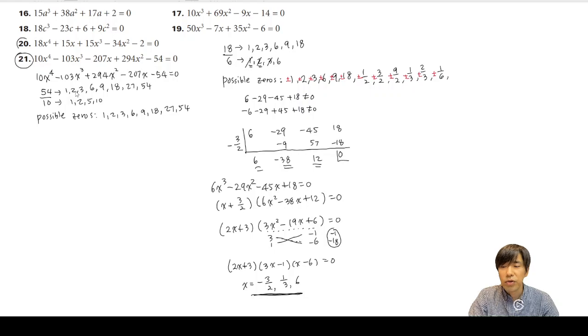That's 1 over 1, 2 over 1, 3 over 1, and so on. And then you have 1 over 2. 2 over 2 is right there, same as 1. 3 over 2. 6 over 2, 9 over 2. There are so many, okay? 18 over 2, 27 over 2. 54 over 2 is right there as 27.